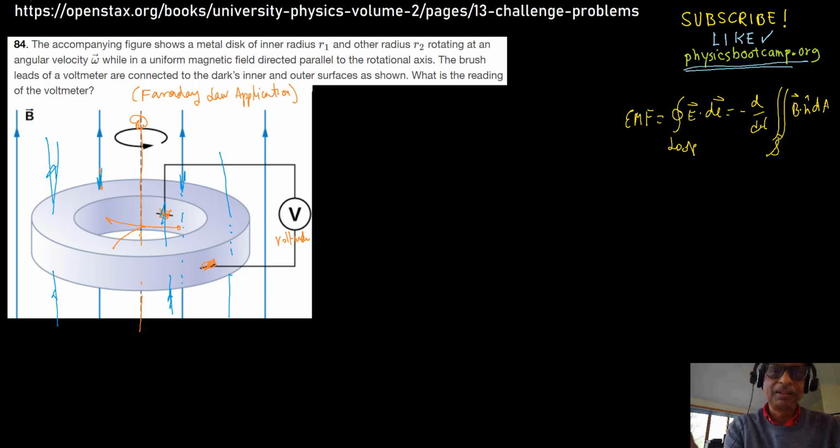Okay, so the way you might think is, what is the loop here?